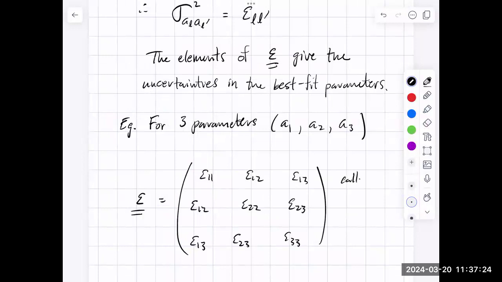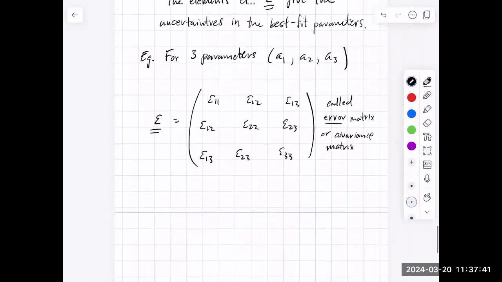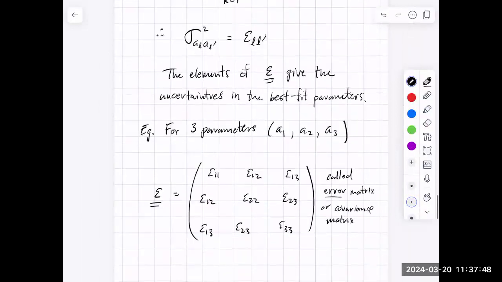This is called the error matrix, or in Python, the covariance matrix. Epsilon 1,1 corresponds to L equals L prime equals 1, and that element is the square of the uncertainty in the A1 parameter.